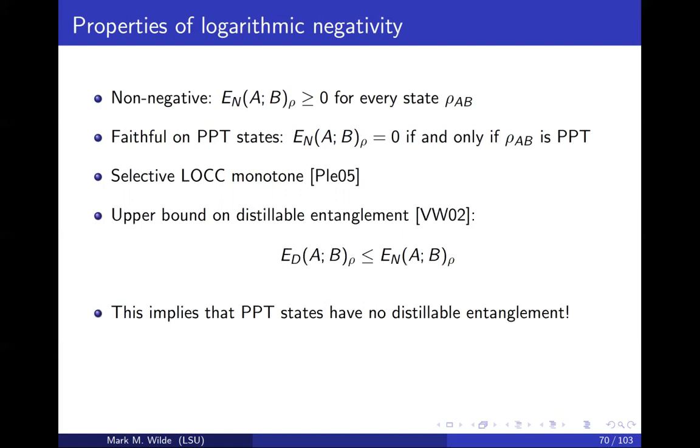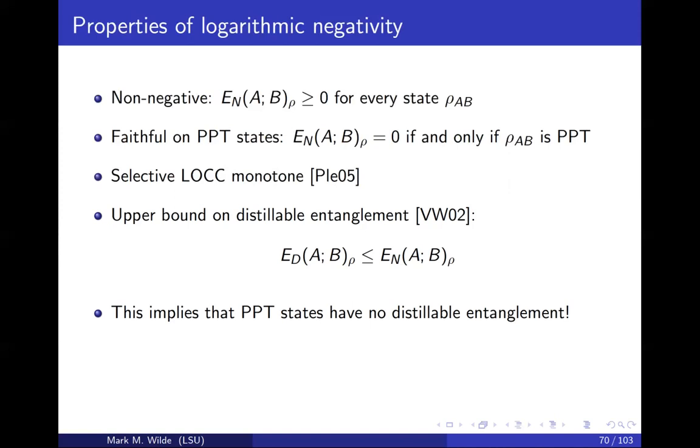But what this tells you, since the log negativity is an upper bound on distillable entanglement, is that PPT states have no distillable entanglement. So what does this say? If you want to use many copies of the state to do lots of teleportations, you're not going to be able to do them well.